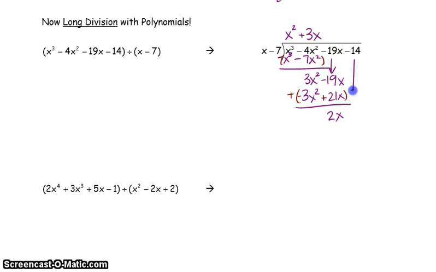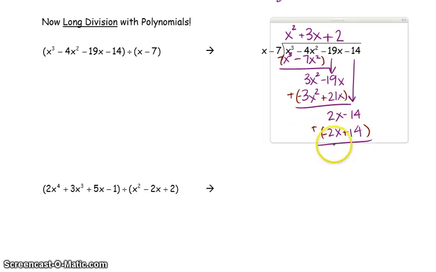You bring down this negative 14, and you say, okay, how many times can x go into 2x? Well, that is just 2 times. So then you would multiply it out to be 2x minus 14. But again, you are subtracting that. So if you distribute that, you are actually adding your negatives.